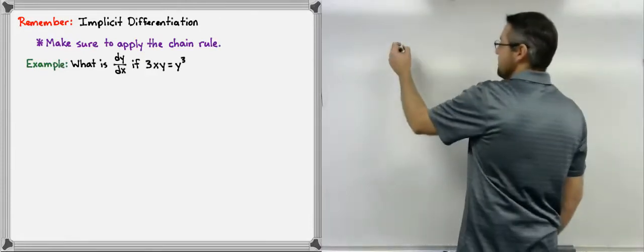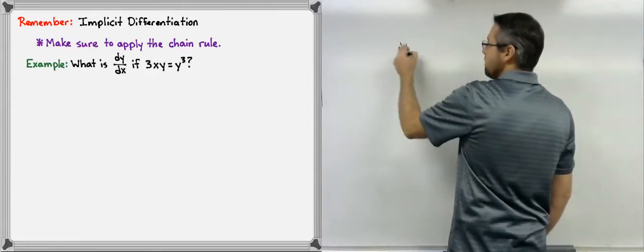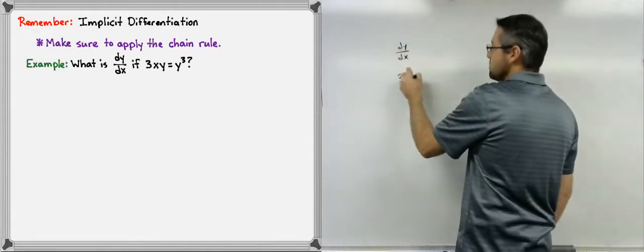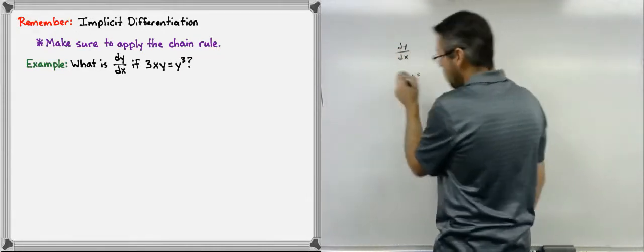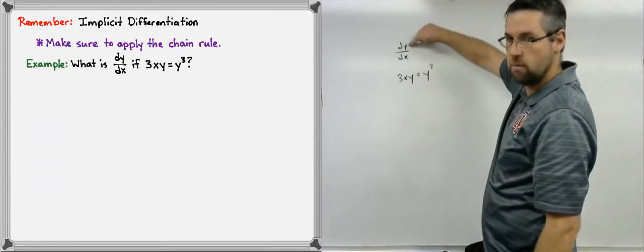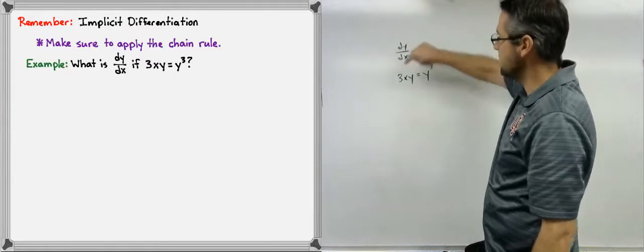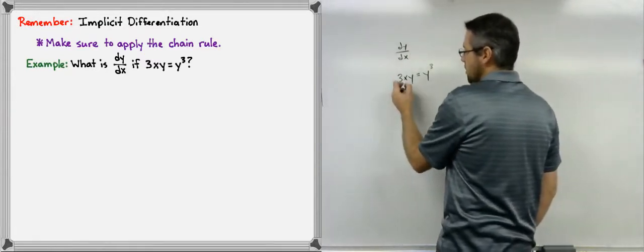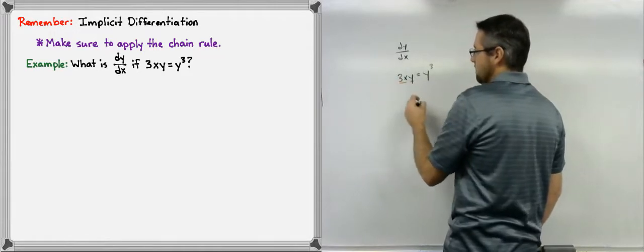What is the derivative of y with respect to x if we have 3xy equals y cubed? So remember, this is telling us that y is our function with respect to x, and x is our variable. So we need to keep that in mind. Taking the derivative of this, I'm going to call 3x my first function and y my second function.